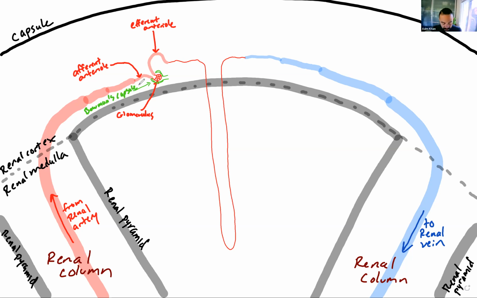There's our Bowman's capsule, first part of the nephron. Filtrate goes from the glomerulus into the Bowman's capsule. We'll continue adding to this.